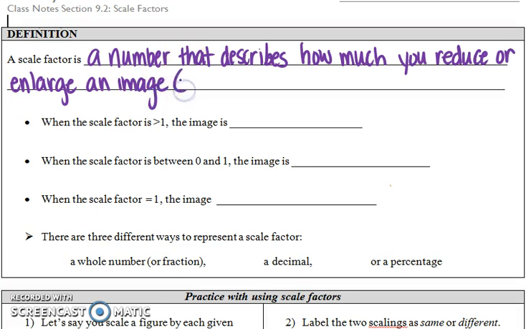Now I'm going to list a few examples. So when I say an image, I mean things such as a map. I could mean things like a blueprint or a picture.